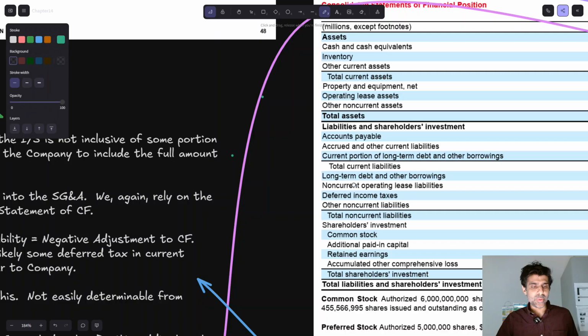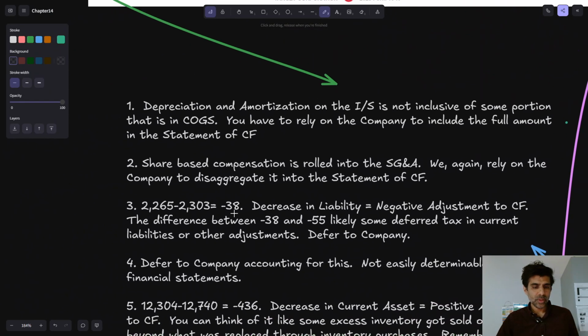So when we do the math, it's a negative number, right? Because it's a decrease. A decrease in the liability, if you go back to that slide, is a negative adjustment to cash flow. Because you can think of it as, we basically paid off extra liability, right? We've reduced our amount that we borrowed by paying extra off. So that took cash to do.